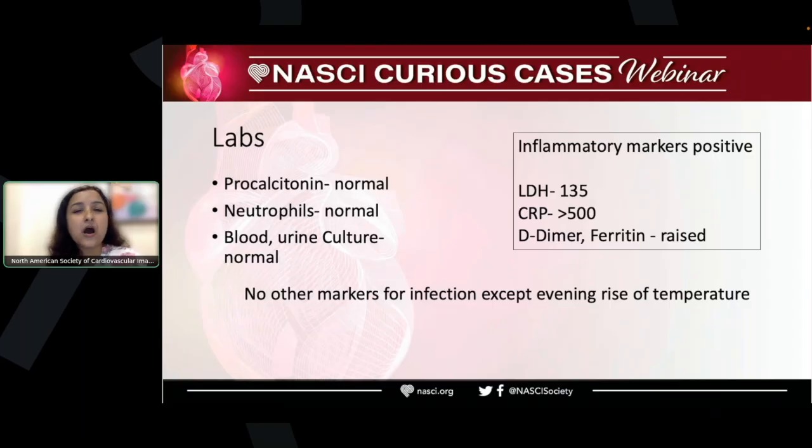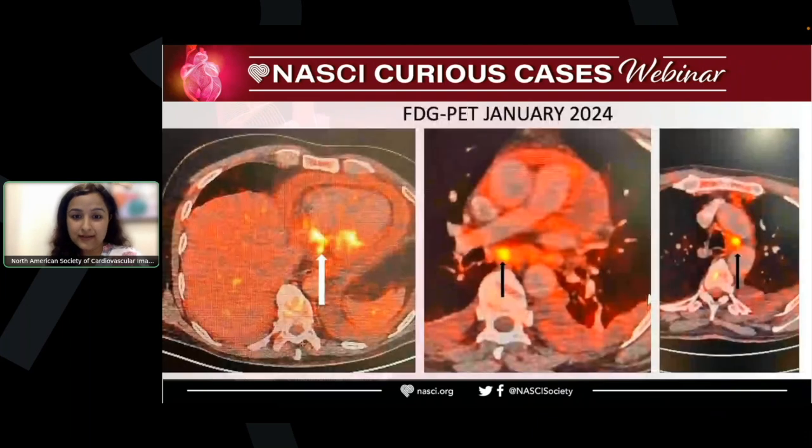Every now and then he had fever. Inflammatory markers, on the other hand, were positive. So LDH, CRP, D-dimer, ferritin, all the acute phase reactants and inflammatory markers were positive. So there was definitely some sort of inflammatory response there, but we were still not sure whether there was infection or not because the labs were negative for infection.